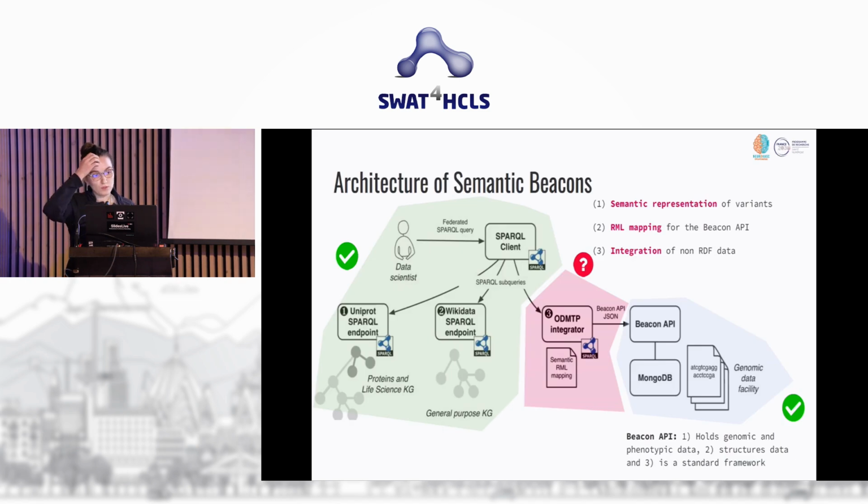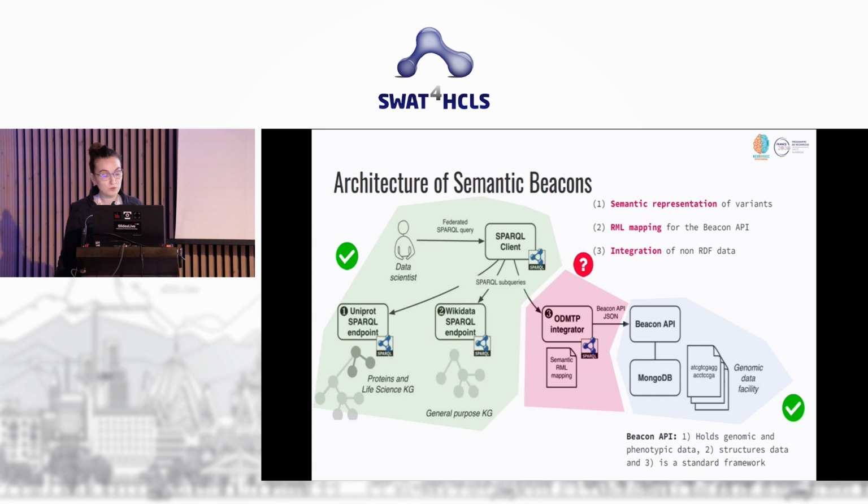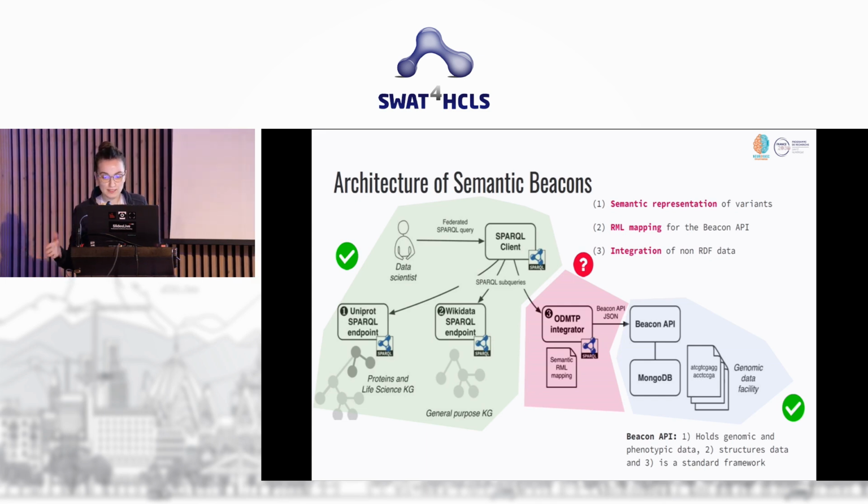So we thought about an architecture of semantic Beacons. Semantic is all the SPARQL portion, Beacons is all the Beacon API. The green part was already possible, as I showed you, and the blue part is the Beacon API, which was already existing, that holds our data from our ICAN cohort, that structures our data and is a standard framework.